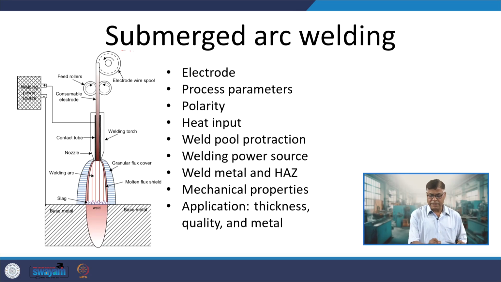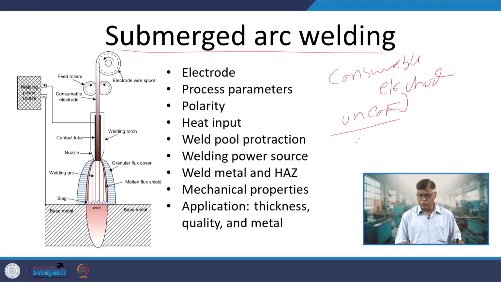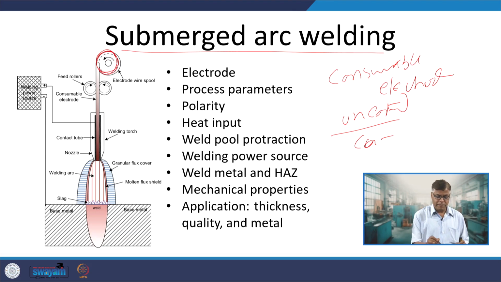So, say submerged arc welding uses a consumable electrode which is uncoated, or if it is coated then a copper coating is done to avoid the corrosion of the core wire of the electrode. So, the electrode is in the form of a spool, okay, and this is fed continuously with the help of the electrode feeder, which will be having the rollers.